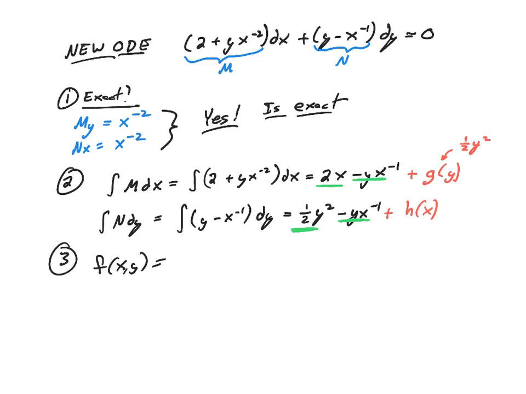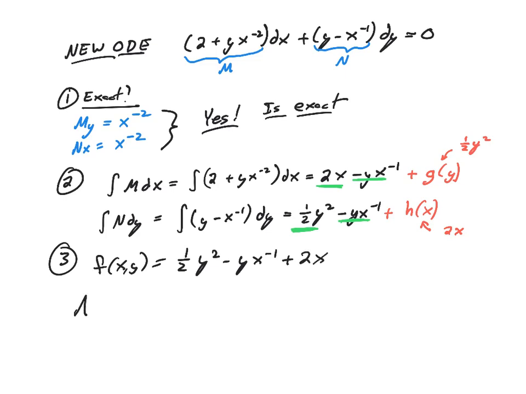And likewise, I can put 2x inside there. And now I have a function that satisfies both of these conditions. And so now I will have 1/2 y squared minus yx to the -1 plus 2x.